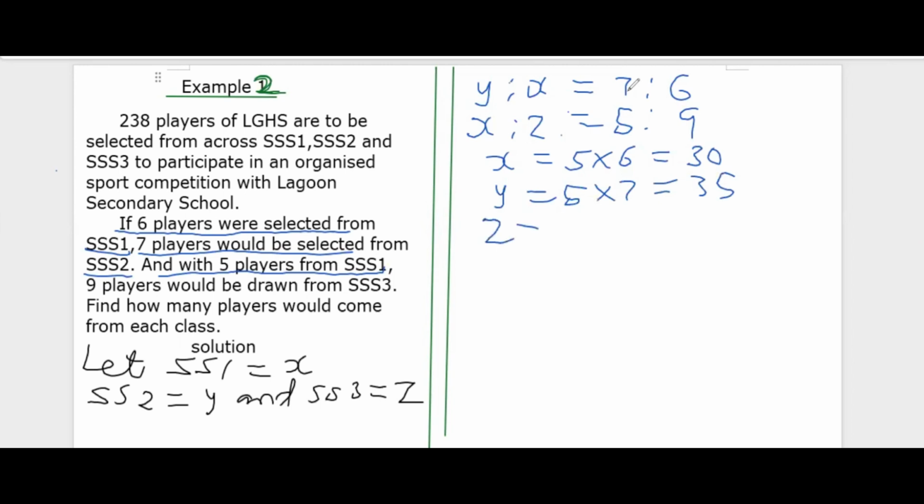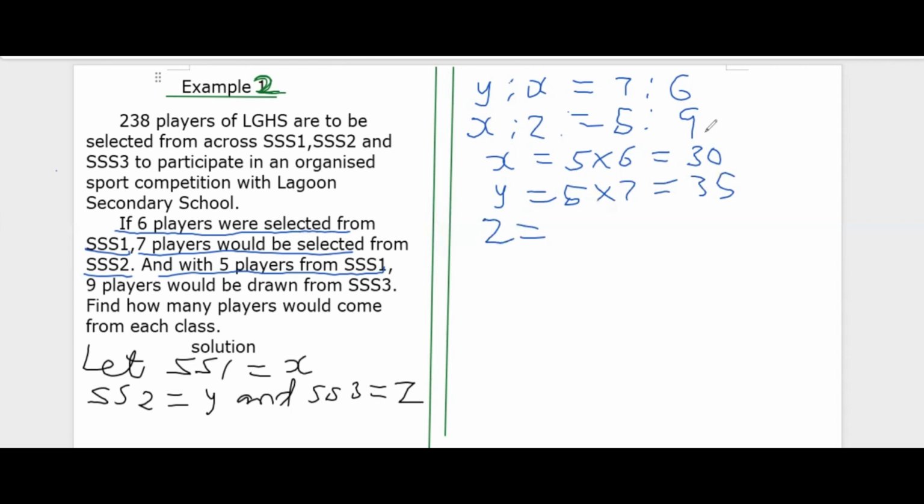And similarly, to get the original value for Z, since X already takes the value 30, what was used to multiply this 5 to become 30? Because this 5 belongs to X. That means 30 was divided by something to get 5. It is 6. So you use the same 6 to multiply 9. 9 times 6 gives 54.